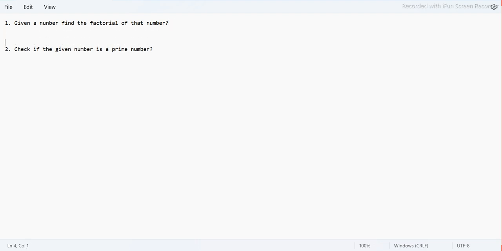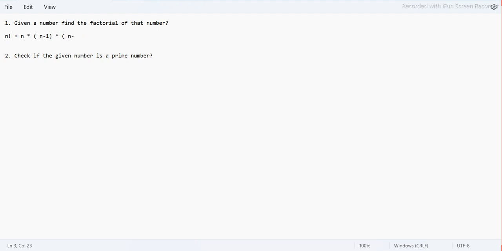So for factorial, guys, what is factorial, right? Let's say if I say factorial of n, right? Factorial of n means it is basically starting from n and going backward, decrementing each time by 1 and going all the way down to 1, right?